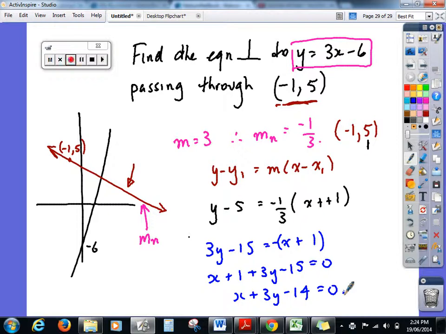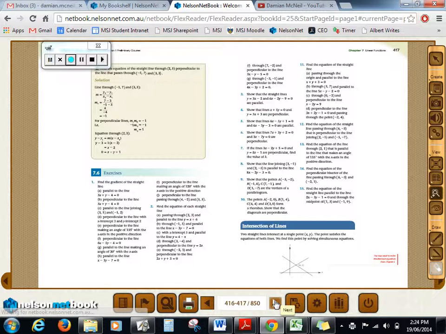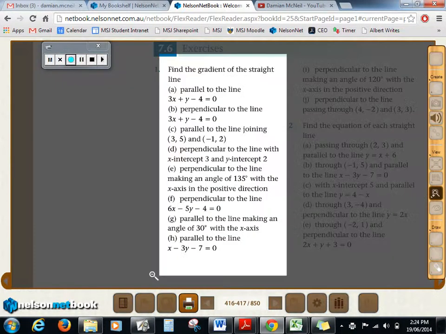So having a look at what you're going to be asked to do in your book, the first part is simply drill and practice. So question 1 there.